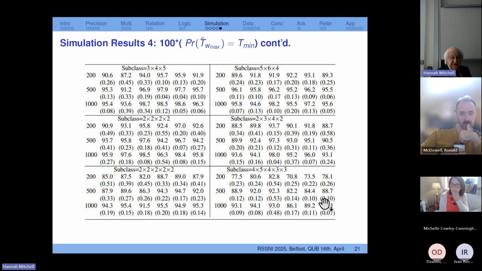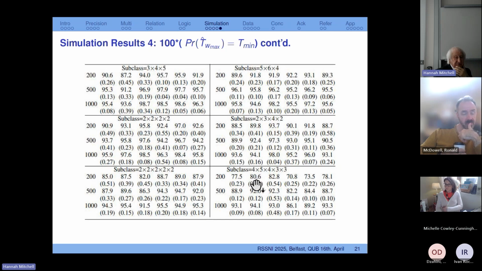It's still good. You know, this is more complicated. So you don't expect 200 observations to do very well when the model is bigger. In such a model, there are 720 possible reference subclass models to be evaluated.